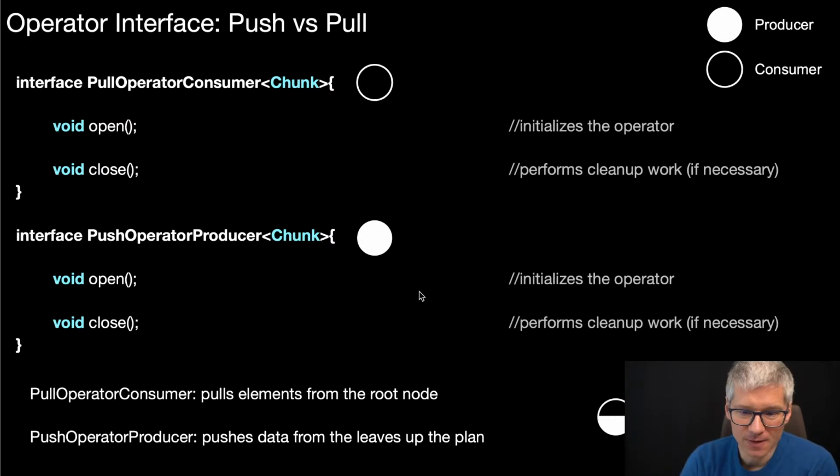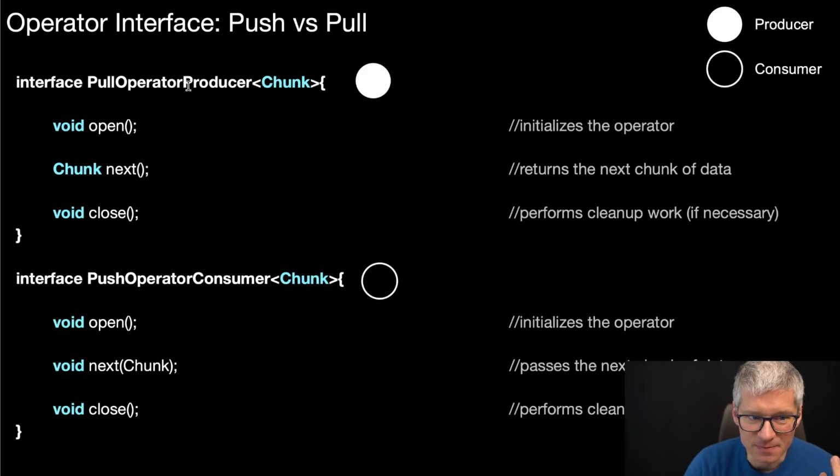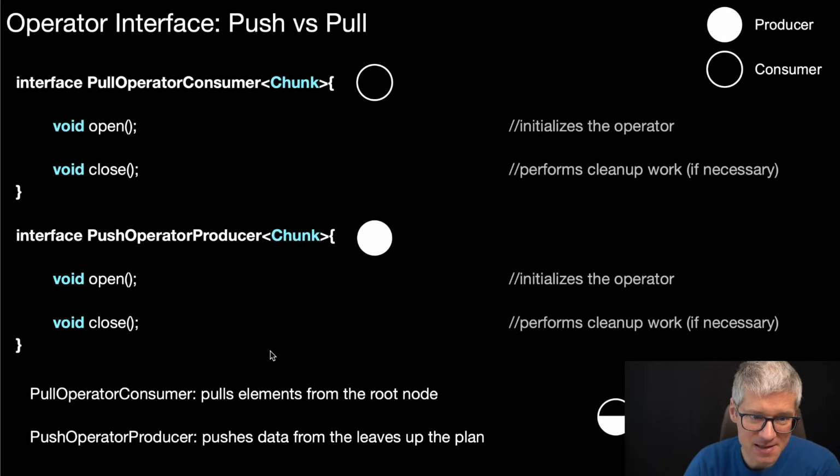If you have a producer in the pull world, there should be a consumer in the pull world as well. And if there's a consumer in the push world, there should be a producer in the push world. How do they look? Well, that's this slide. A consumer in the pull world doesn't have a next interface, and the same is true for the producer in the push world.